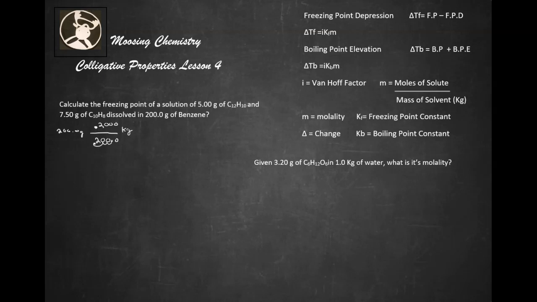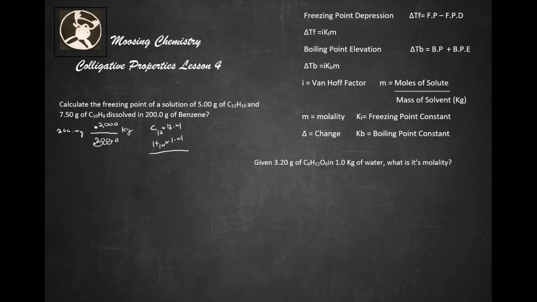Now, what we need to do is know the molar mass of C12H10 and the molar mass of C10H8. So let's go ahead and figure that out. If we had C12, so we had 12 carbons times 12.01, and that number comes from the periodic table, of course, and we had 10 H's times 1.01, also from the periodic table.